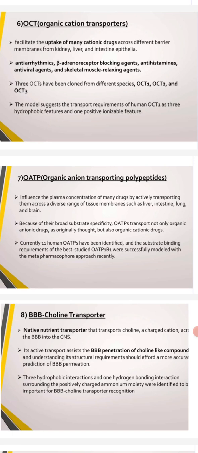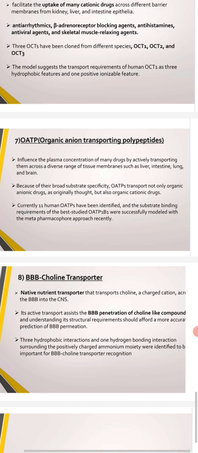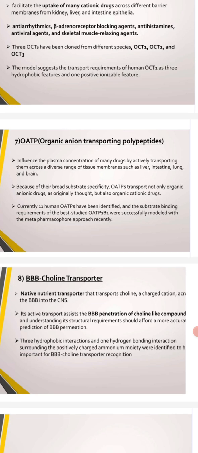Because of their broad substrate specificity, OATPs transport not only organic anionic drugs as originally thought but also organic cationic drugs. Currently, 11 human OATPs have been identified, and the substrate binding requirements of the best studied, OATP1B1, were successfully modeled with the metapharmacophore approach recently.